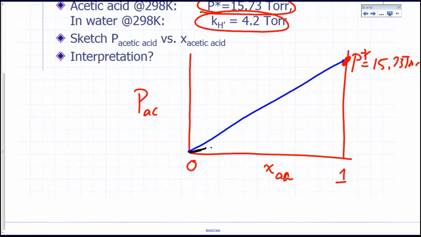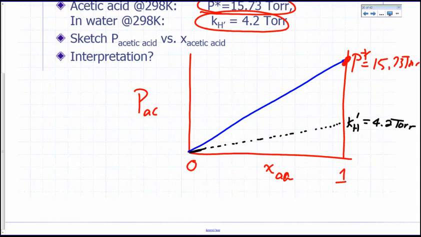And if you were to stretch this straight line all the way to mole fraction of 1, you'll get the value of KH prime, which is 4.2 torr.